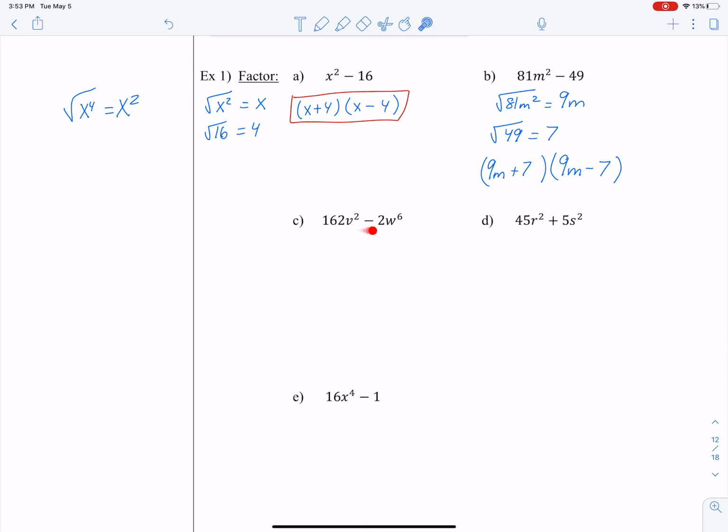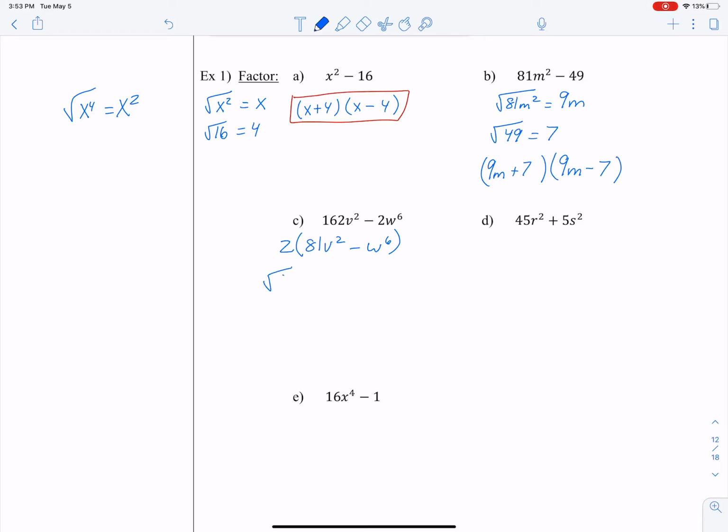Okay, looking at this next one, we have a letter and a letter, but they're different, okay? 162 and 2, however, we can take out a greatest common factor here. So we need to do that first. So we get 2 and then 81v squared minus w to the 6. Okay, so we divided everything by 2.